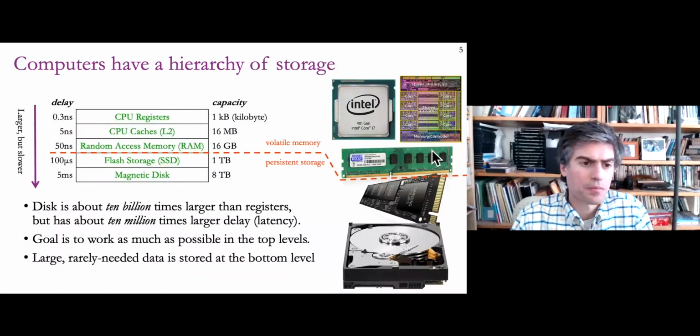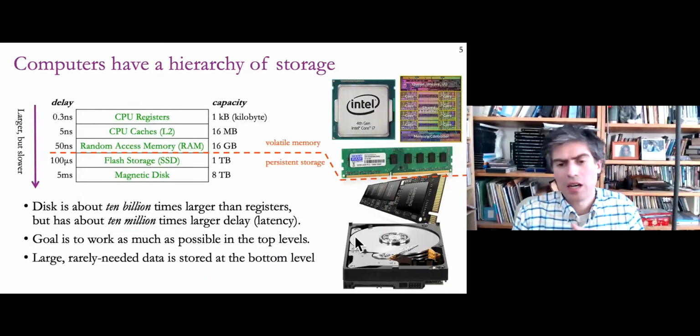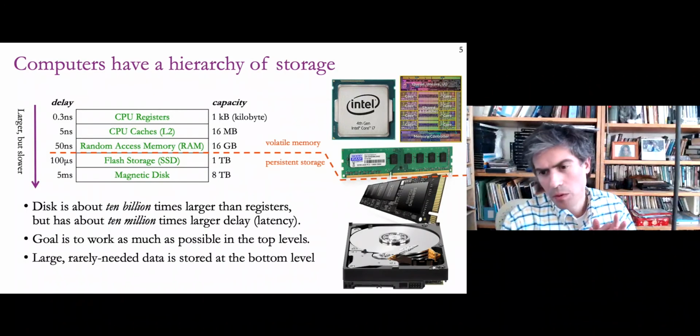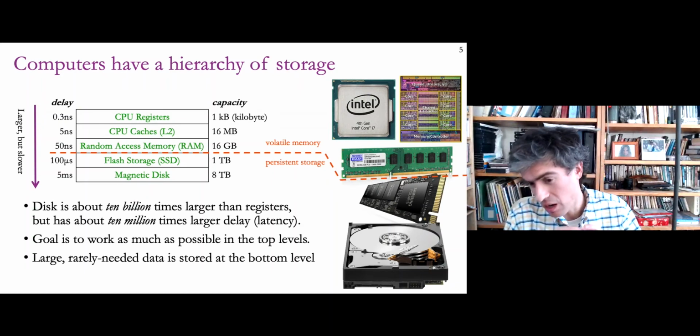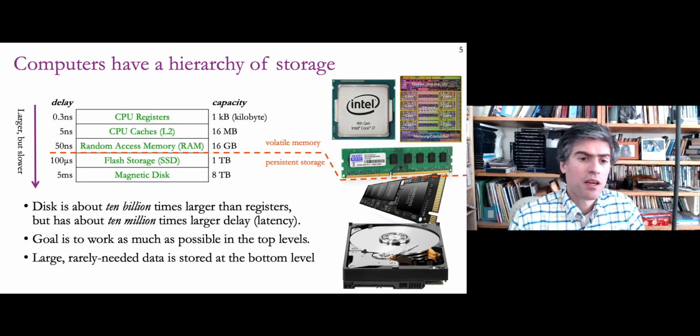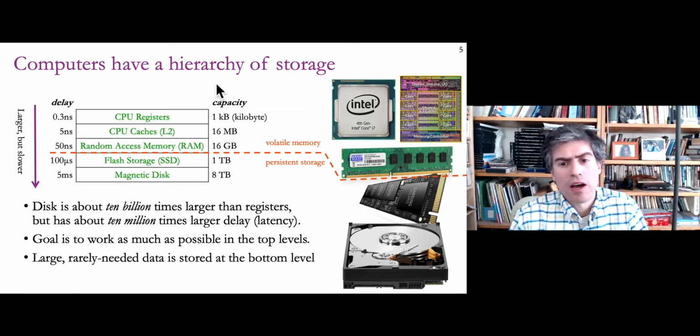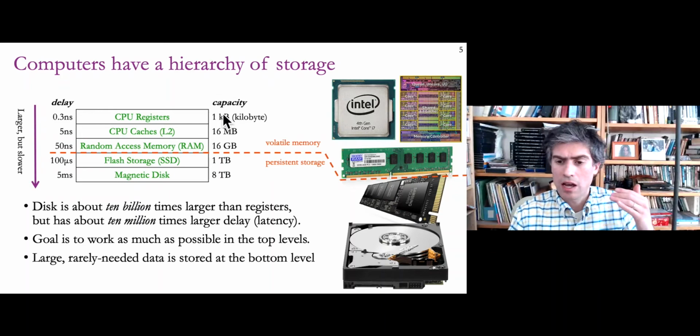Okay. All right, so to introduce that topic, we can review a little bit about the basics of computer engineering, which is to say how computers are built, and especially how data is stored in computers. And the important thing to know here is that computers have a hierarchy of storage, which is to say they have different kinds of storage.